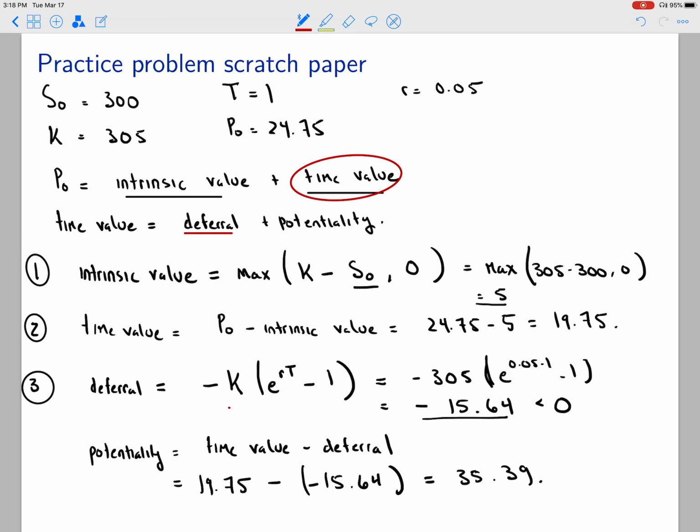You can calculate it using time value of money calculations. Potentiality value is the more abstract component. It's the value attributable to the insurance value, or the uncertainty and volatility of the option. Here it's a large portion. It actually exceeds the option's price, because the deferred payment value is negative.